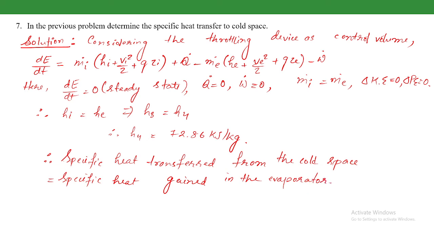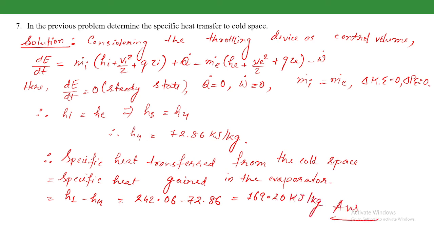Okay, so this is basically h1 minus h4. All these values are known: 242.06 minus 72.86. So this value is 169.20 kilojoule per kg. This is the specific heat transferred from the cold space.